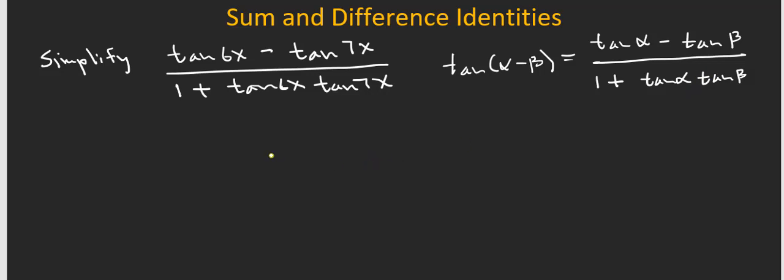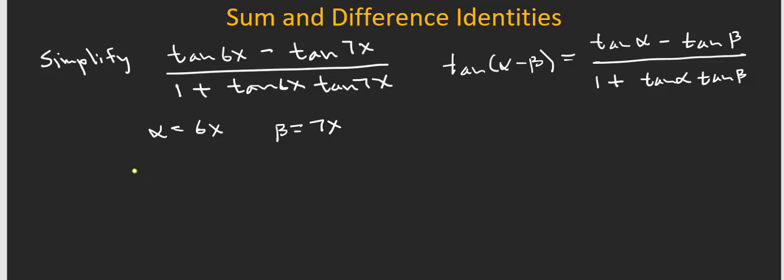Okay? So this means that alpha is 6x and beta is 7x. Okay, look at the location. Here's alpha, that's 6x. There's a beta, and there's 7x. Notice the location of alpha and beta.